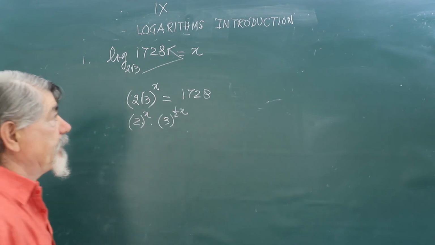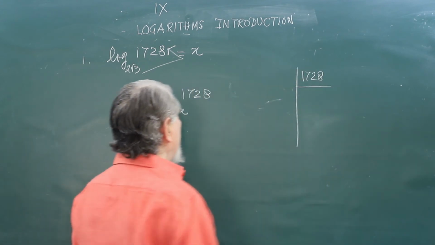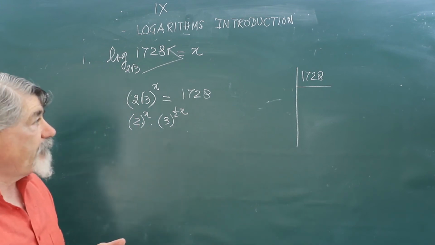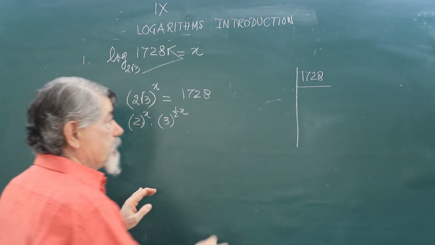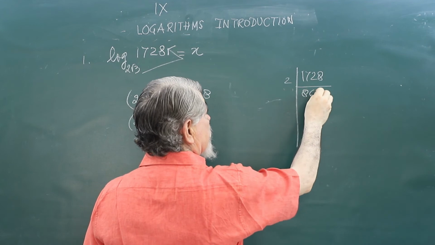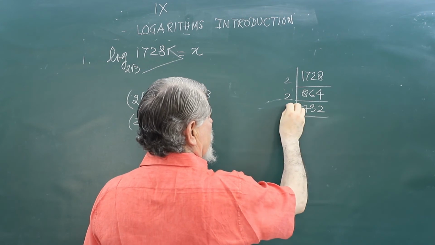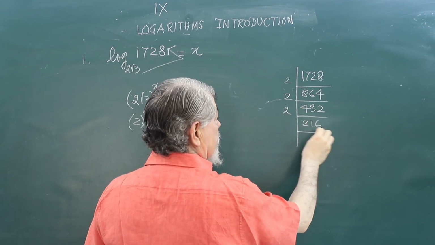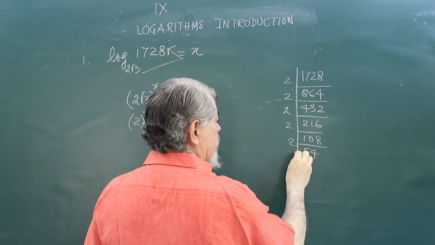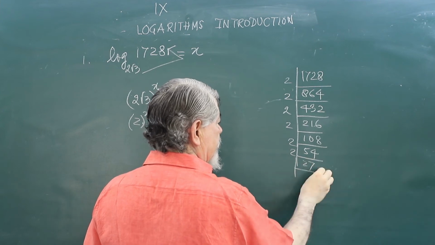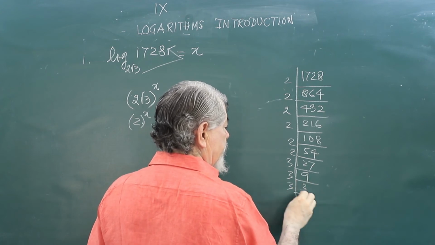Now for 1728, I must find the prime factors in terms of 2 and 3. Then only I can equate. Let us see. 2 8s are 16, 2 6s are 12, 2 4s are 8, 2 4s are 8, 2 3s are 6, 2 2s are 4, 2 2s are 4, 2 1s are 2, 2 5s are 10, 2 4s are 8, 2 2s are 4, 2 7s are 14, 3 9s are 27, 3 3s are 9, and 3 1s are 3.